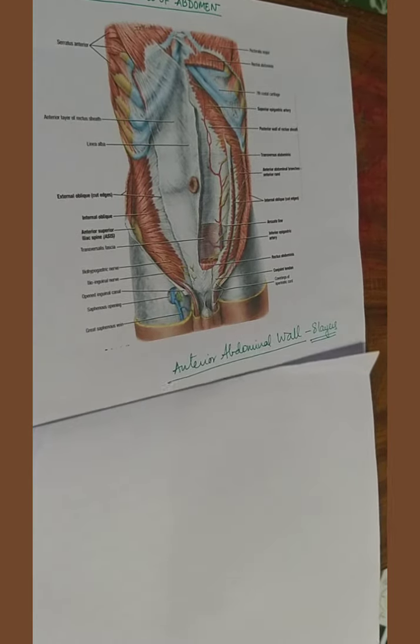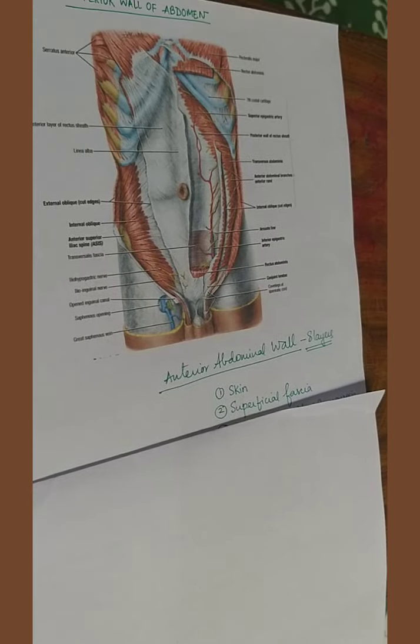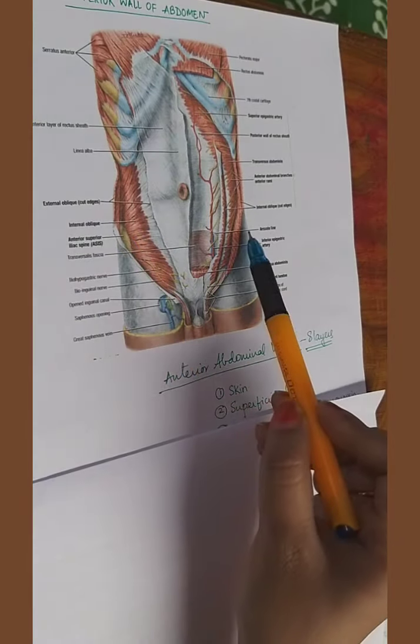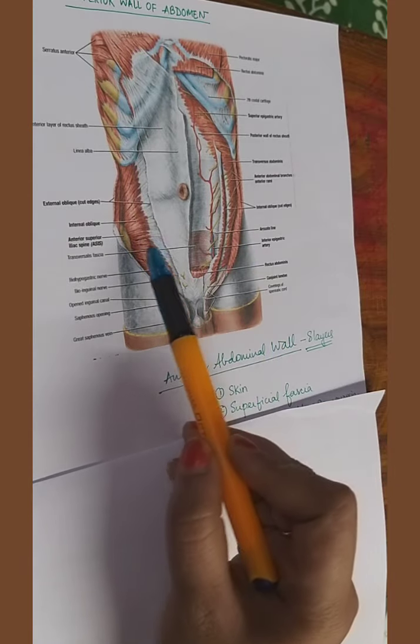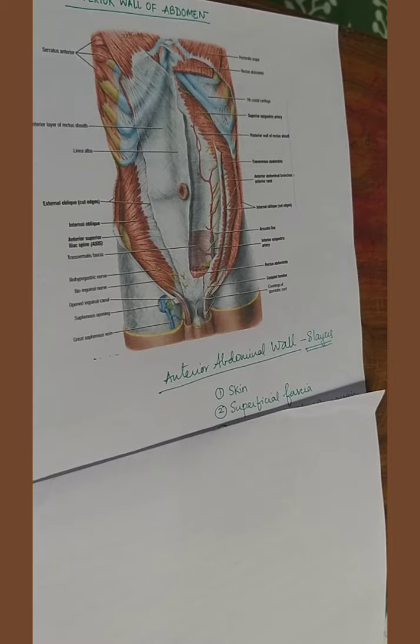Then we come to the superficial fascia. Up to the level of the line joining the two anterior superior iliac spines, the superficial fascia is a single layer. Below that, it splits into two layers.